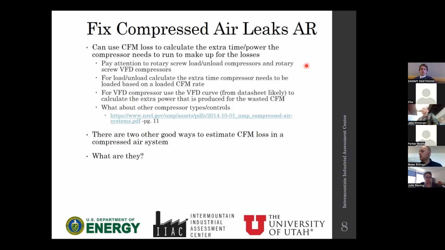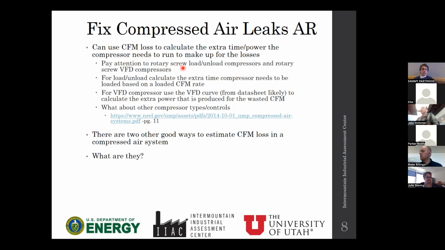It all depends. The first thing it depends on is the type of compressor that you have. So you'll want to make note of what kind of compressor they are using, and then what their control strategy is. Oftentimes we see rotary screw compressors.